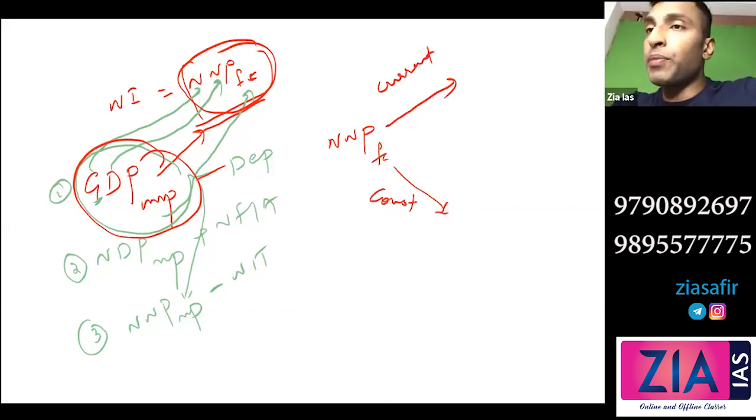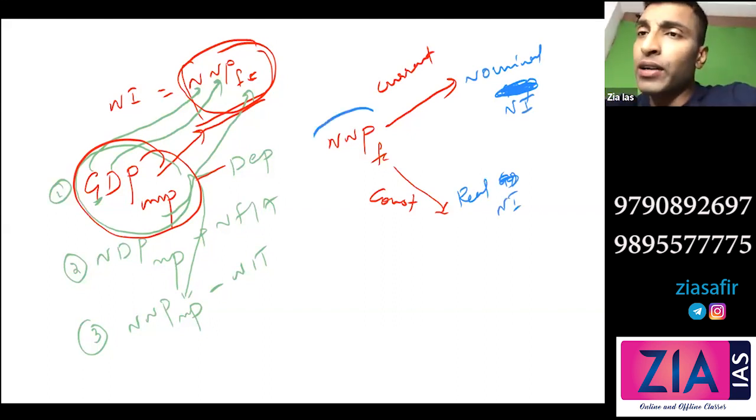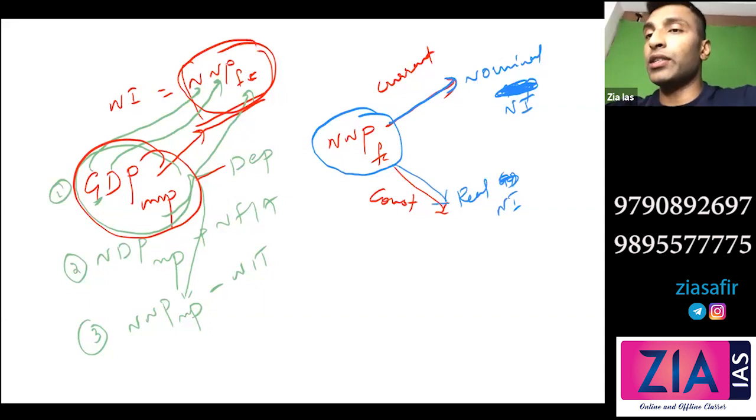When you take it at current price, we call it nominal, and if you take it at constant price, we call it real national income. We're talking about national income. Any doubt in this? So NNP at factor cost is your national income. At current prices you get nominal national income, at constant prices you get real national income.